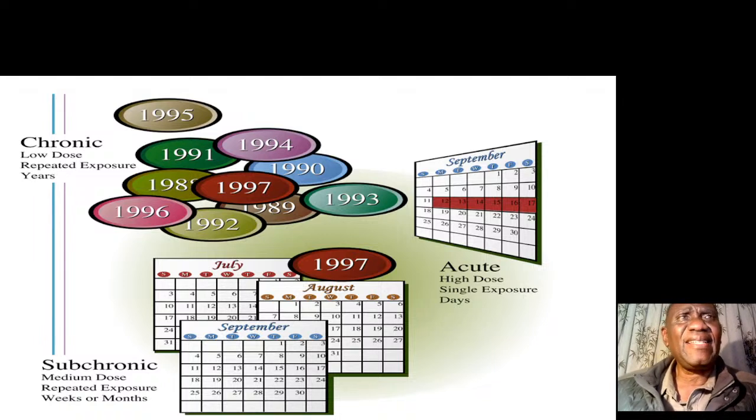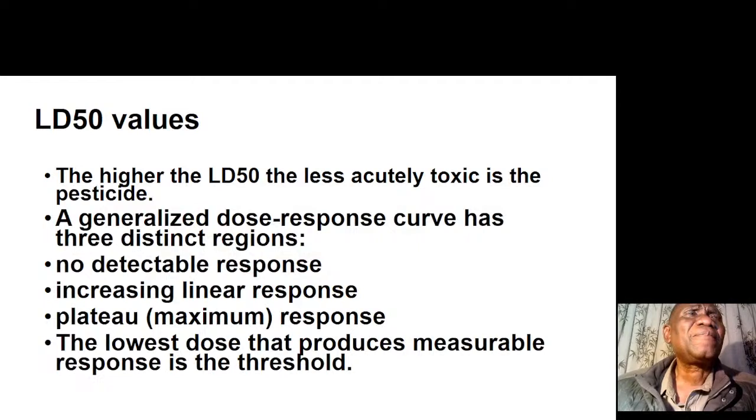So these are the degrees or classifications of toxicity. But nevertheless, they are harmful to the organism. So LD50 values actually give us an indication of how toxic the pesticide is.